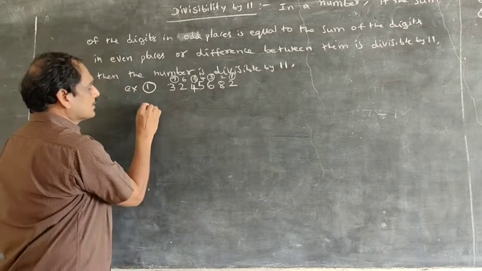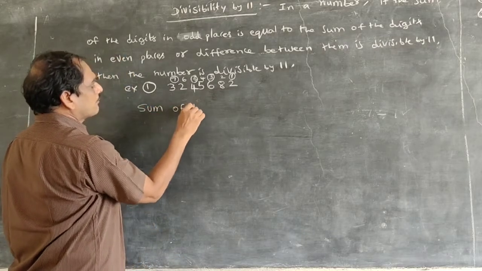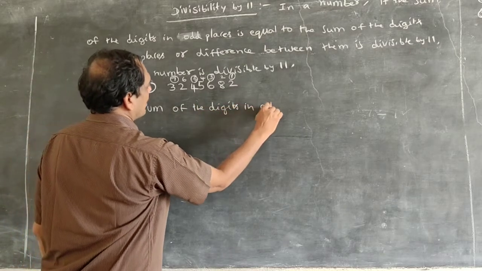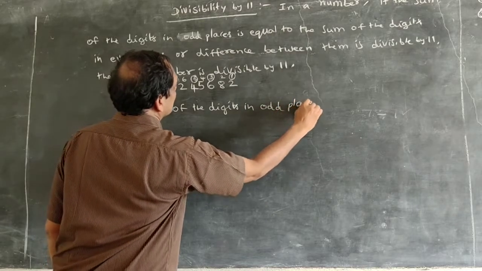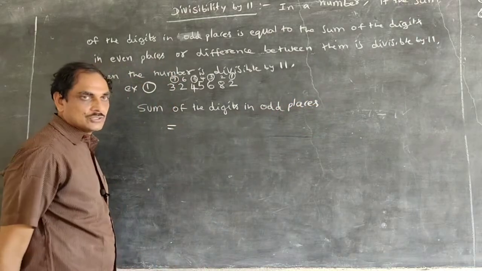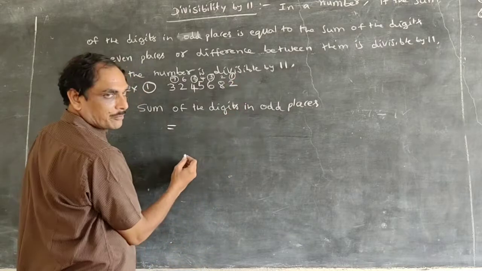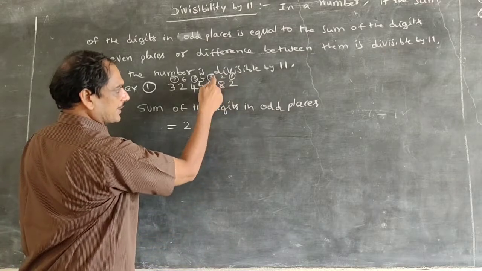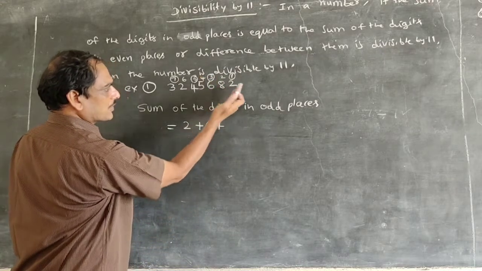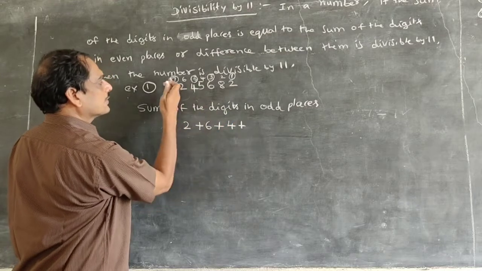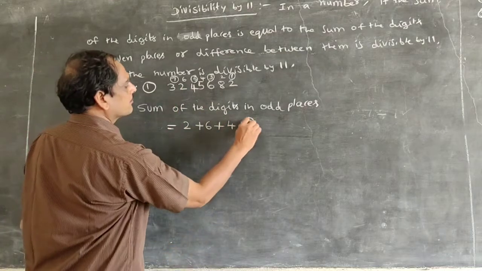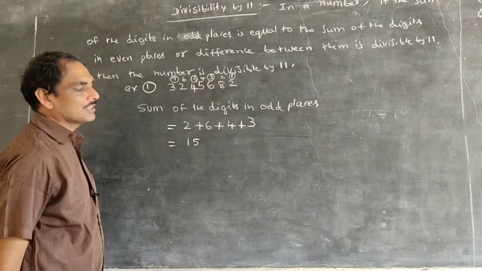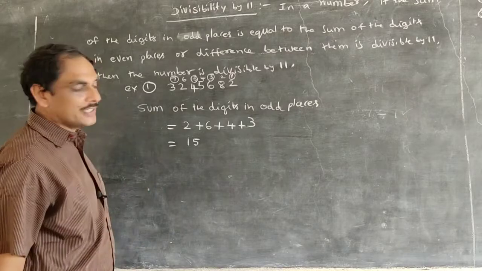So we write the sum of the digits in odd places equal to 2, 6, 4, 3. From the right side, the first place digit is 2, the third place is 6, the fifth place is 4 and the seventh place is 3. So 2, 6, 4, 10, 15. So the sum of the digits in odd places in the first example is 15.